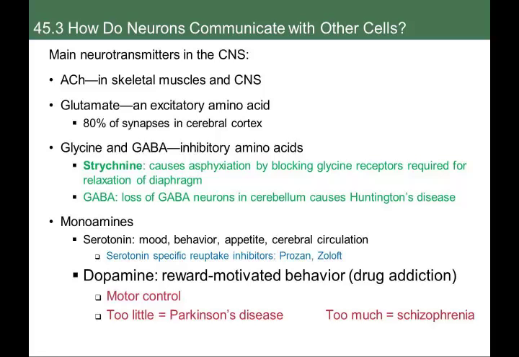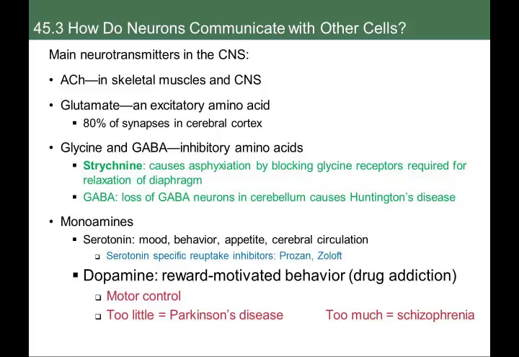And again, for skeletal muscles, it's always excitatory. We have glutamate, which is an excitatory amino acid. It's used in 80% of the synapses in the cerebral cortex, so the very large frontal part of our brain, where a lot of our powers of reasoning are apparently located. A lot of that is glutamate dependent.